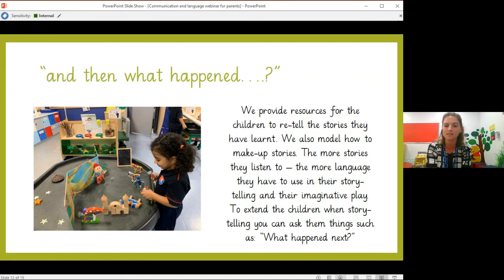In this picture here, you can see that there are some resources to be able to retell the story of Humpty Dumpty. By asking the children what happened next, it allows them to extend their vocabulary when storytelling. They can say what happens next, or they can think of something else that they would like to add to the story, and they will be able to create this story themselves.